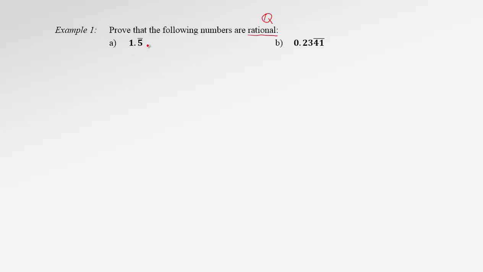So how can we express the number 1.5 repeated? This little dash above the 5 denotes the fact that 5 repeats forever. So this number looks like 1.555 and 3 dots. 5 is repeated forever.